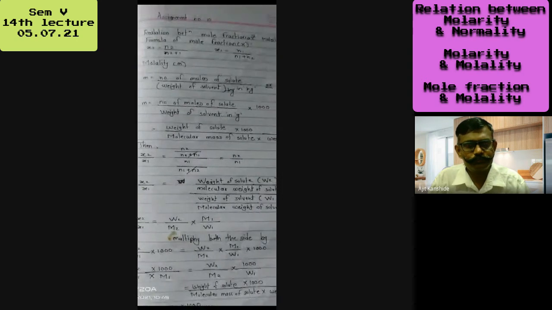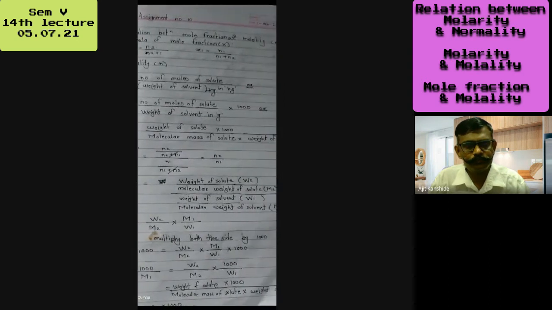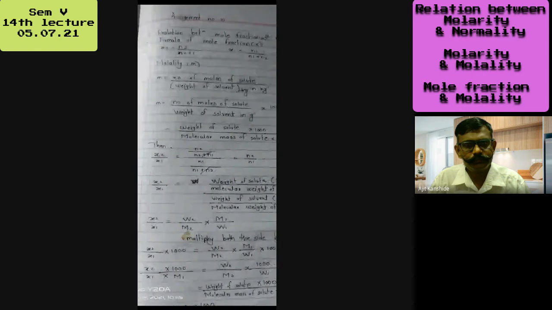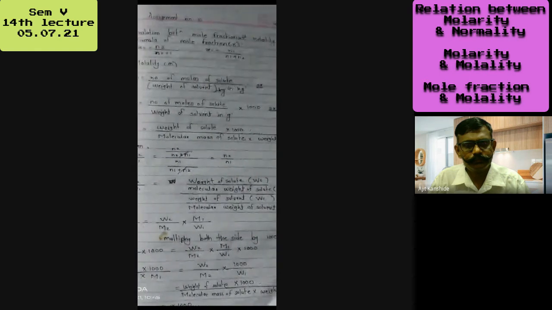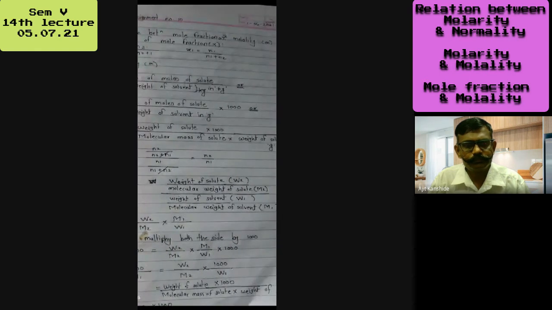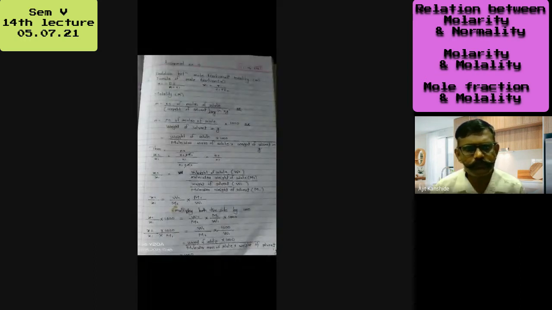Mole fraction x2 divided by x1 is equal to weight of solute divided by molecular weight of solute, then weight of solvent divided by molecular weight of solvent. Then x2 divided by x1 is equal to w2 divided by m2 multiplied by m1 divided by w1, multiplying on both sides by 1000.